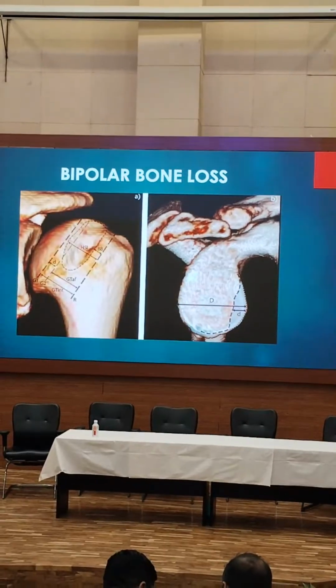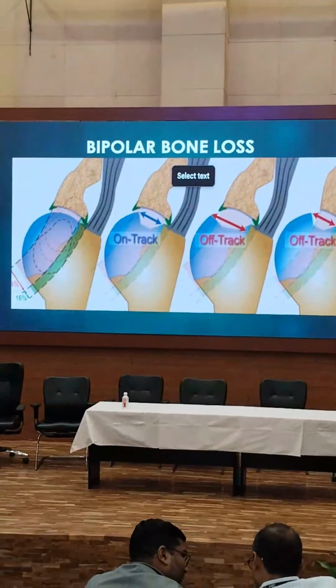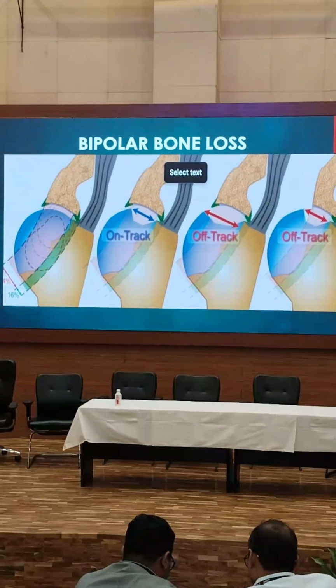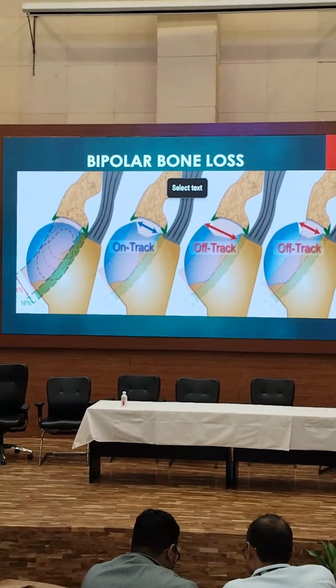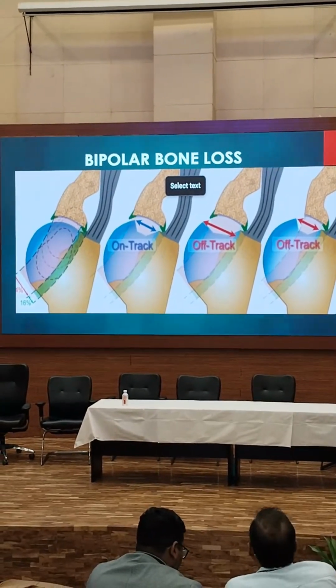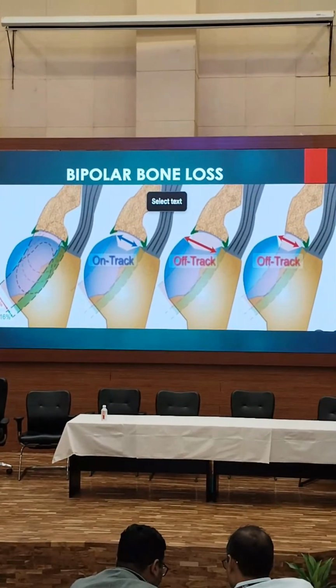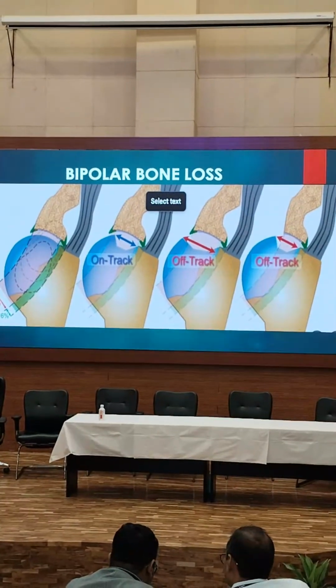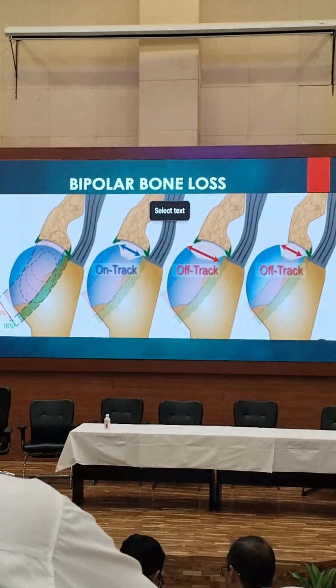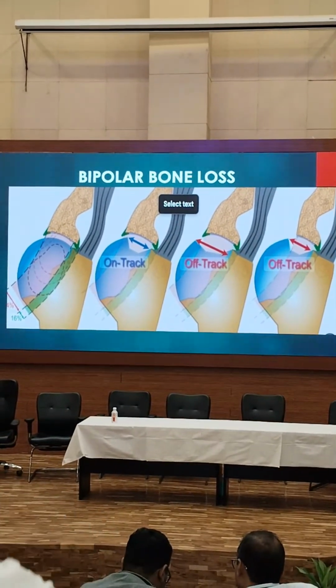As you can see here, the Hill-Sachs lesion is the blue part and the glenoid track is on the glenoid part. If the glenoid track is less than the Hill-Sachs lesion, then it is an off-track lesion where the Hill-Sachs lesion can engage and cause the dislocation episodes.